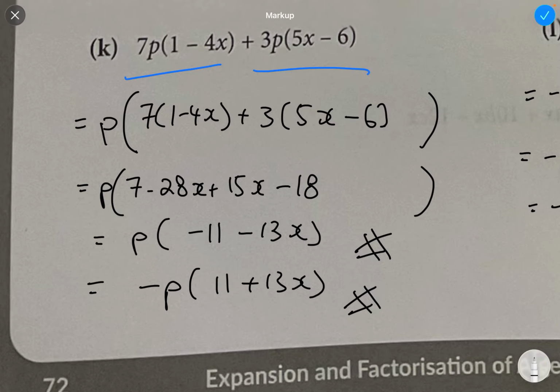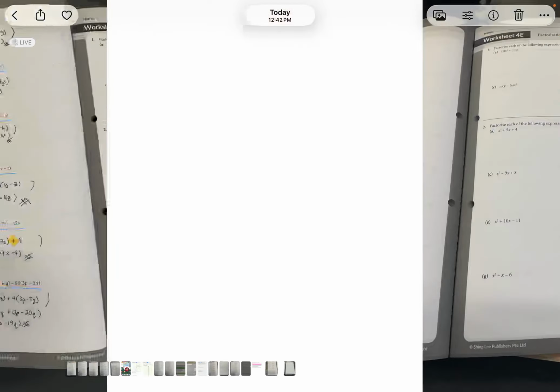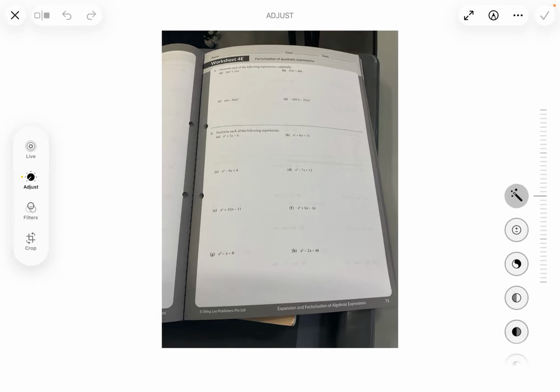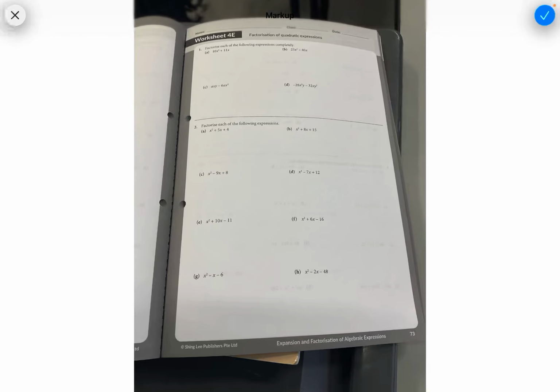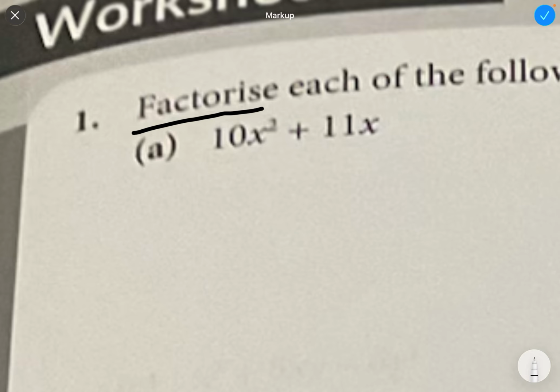Okay, next page, 73. Let's get started. Okay, question 1. For the very first question, again, we are factorizing. We see how many terms are there. 1 term, 2 terms.